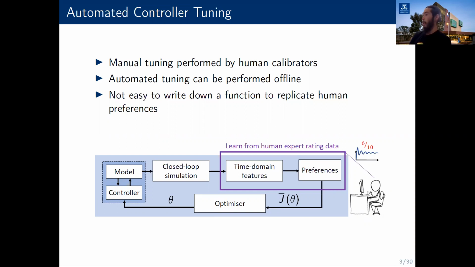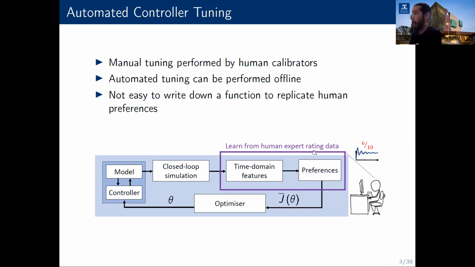Consider this approach where we ask the human calibrator to rate a couple of responses, providing some numerical rating. This consists of a data set that we then learn a mapping from, say, the time domain features of our trajectory to a preference rating, and then this gets used as our performance index.